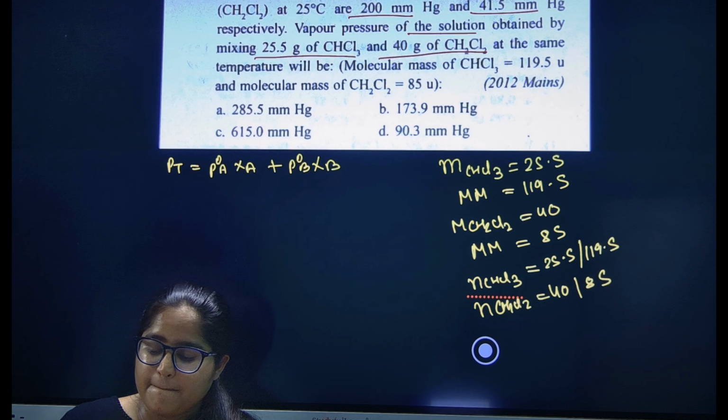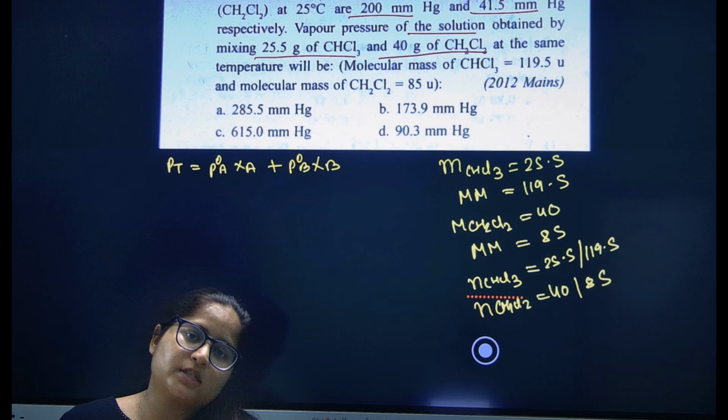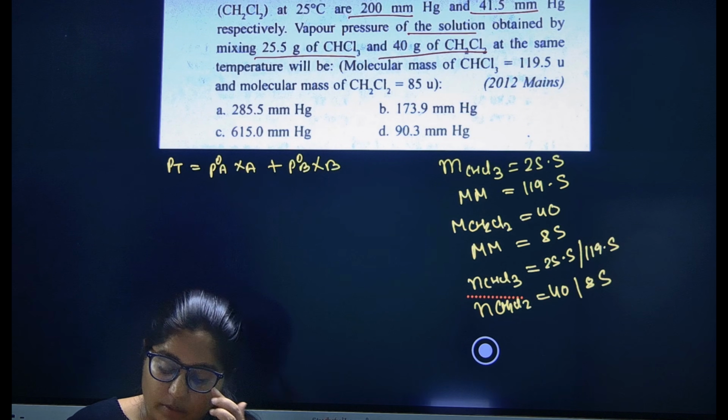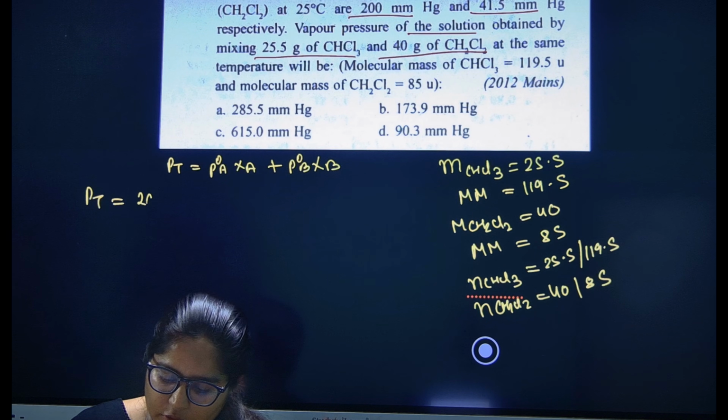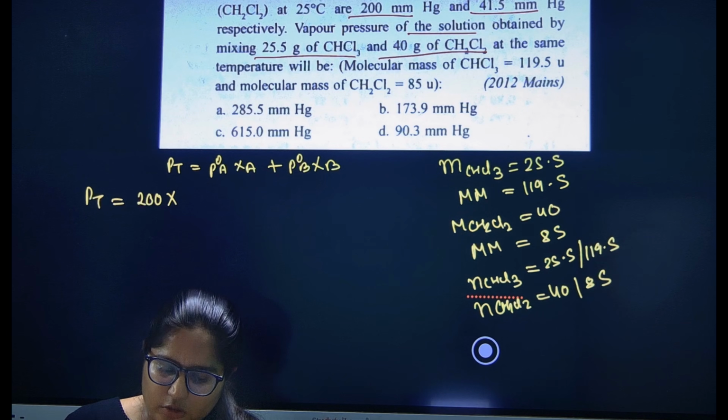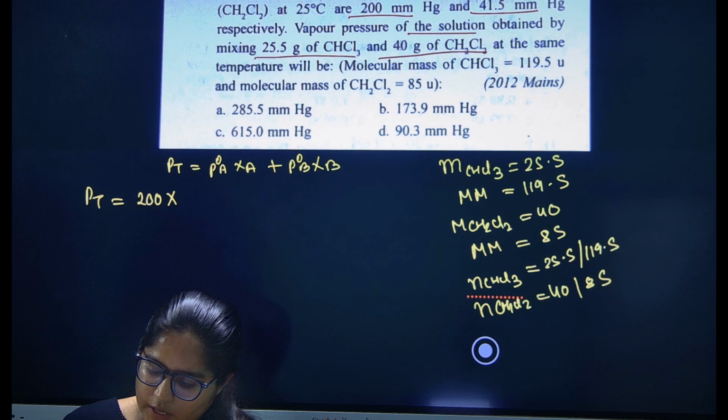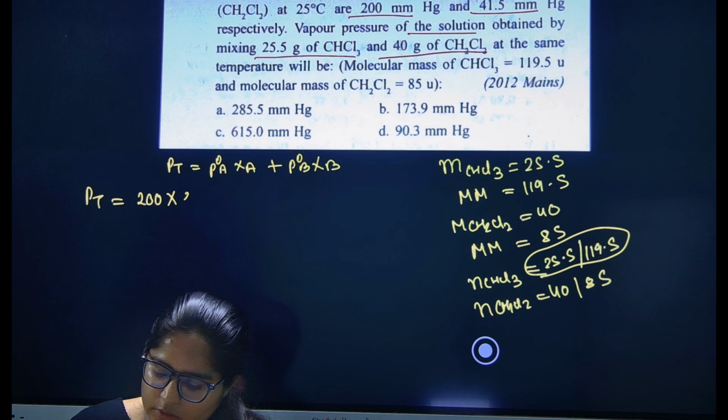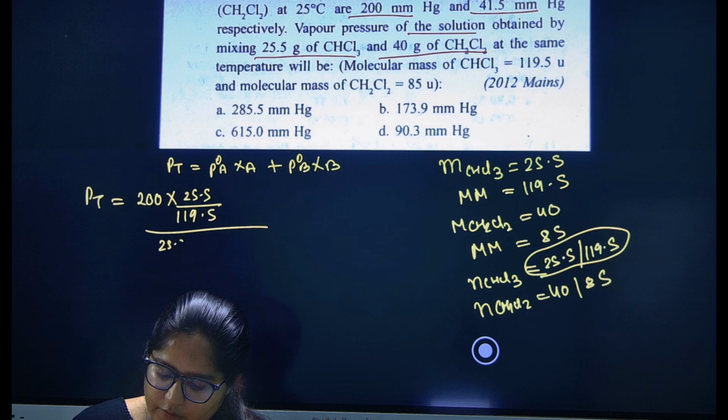Now you see here, the calculation is a little lengthy. Let us calculate, no problem. PT equal to P naught A, pure, how much they have given? 200 into mole fraction of A. Here A I am considering as CHCl3. So I will write 25.5 divided by 119.5, whole divided by 25.5 by 119.5 plus 40 by 85.